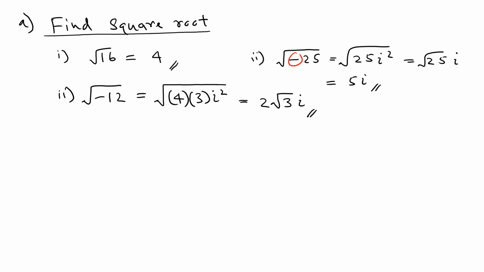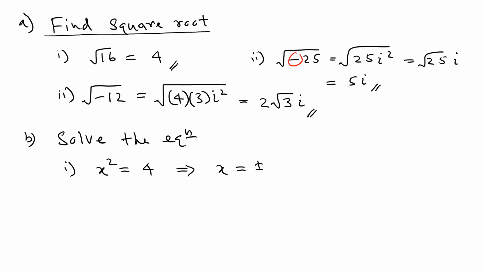And then let's look at solving equation problems. Solve the equation. Let's look at the first one: x squared equals 4. According to the formula, this is simply x equals plus or minus the square root of the number. So this is going to be plus or minus 2. That is the easy one. Now let's see it with a complex number.